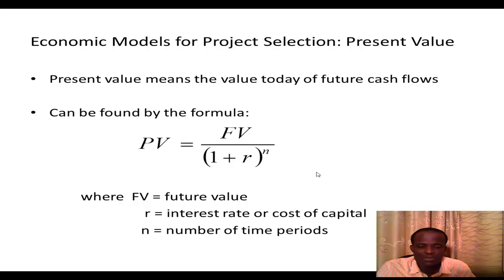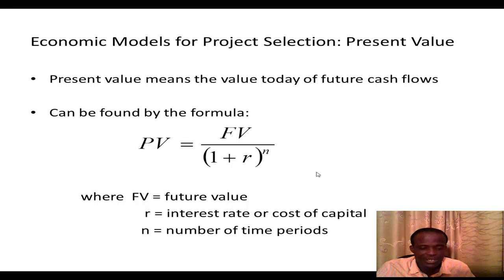Of course, there could be several factors that could affect this, and these include the interest rates or the cost of capital. So the present value can be found by using the formula PV is equal to FV divided by (1 plus R) to the power n, where n is the number of time periods, usually in years.